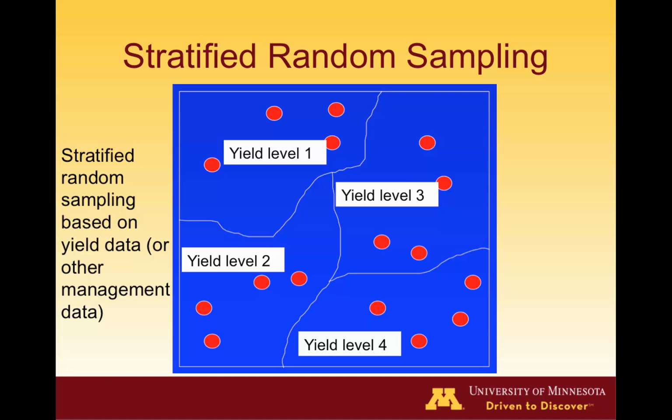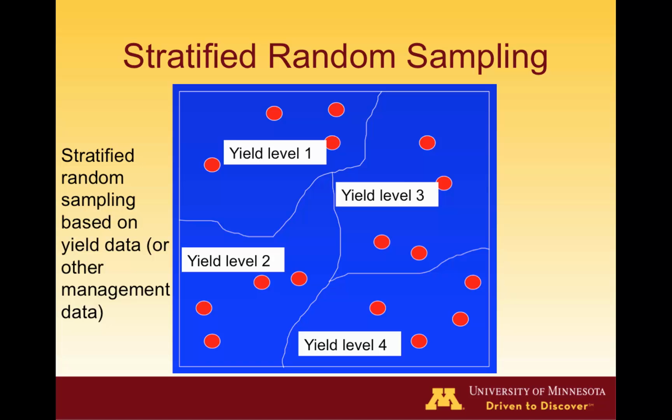Other stratified random sampling can be based on yield data or some other management data from previous years. And here's an example based on yield data.